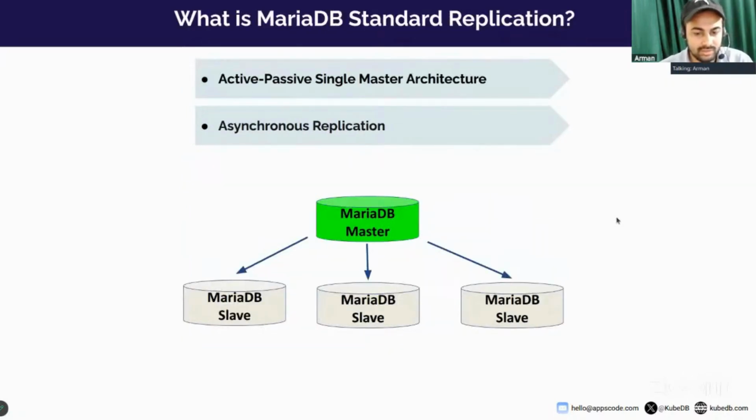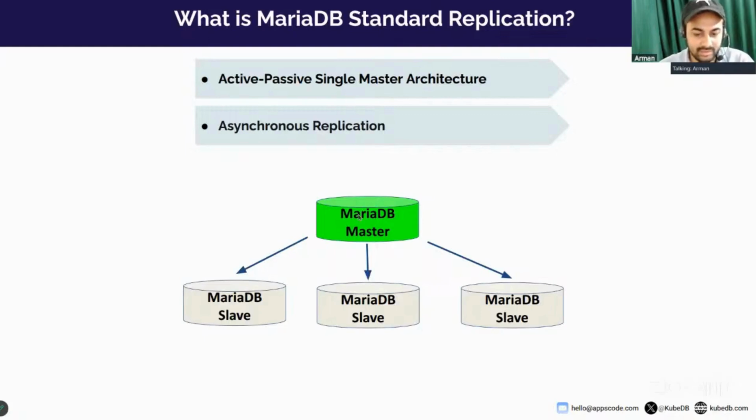Okay, let's talk about MariaDB standard replication. This MariaDB standard replication is the backbone of many high availability database setups. MariaDB standard replication uses an active-passive single master architecture. In this picture, this is a MariaDB standard replication with one primary server which is called master, and some replica databases called slaves. Slave replicas asynchronously copy data from the master.